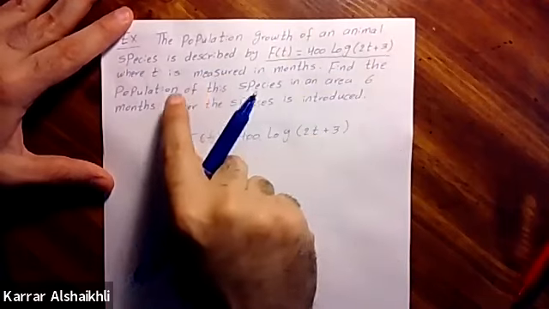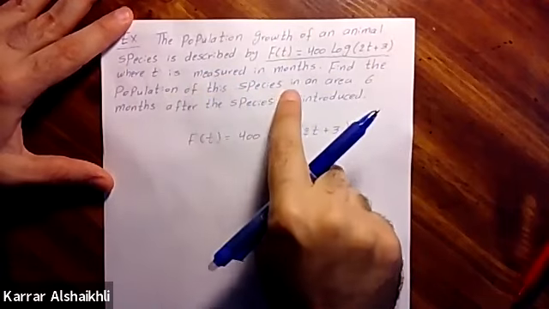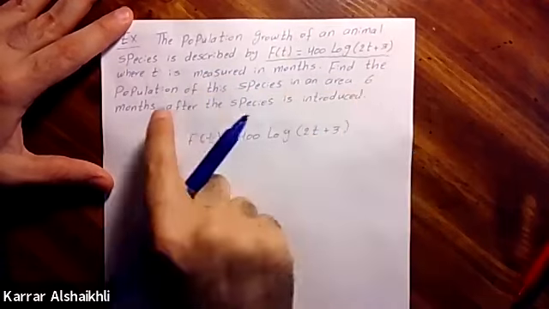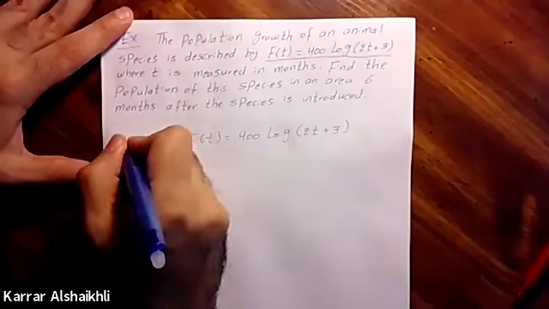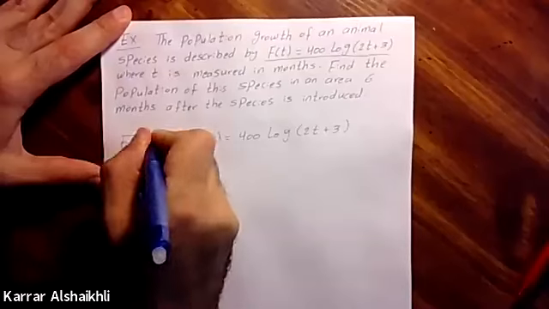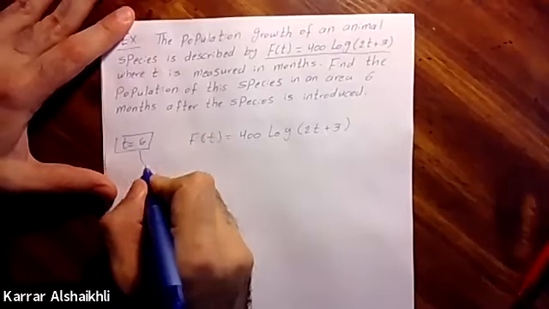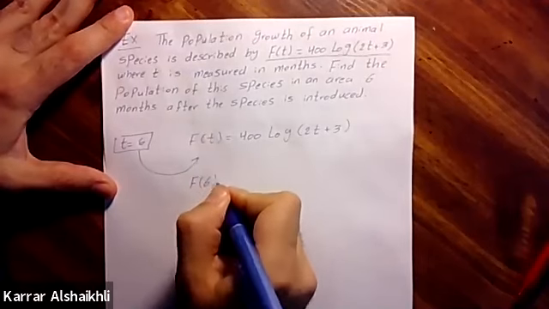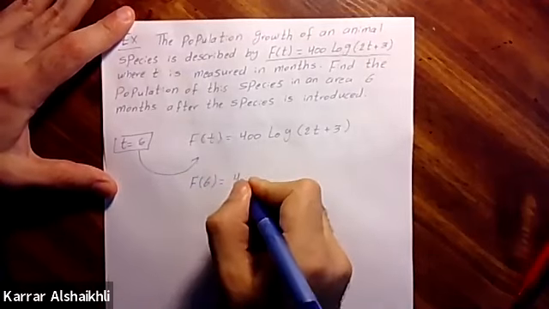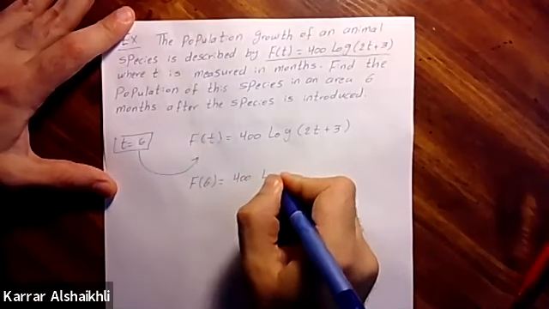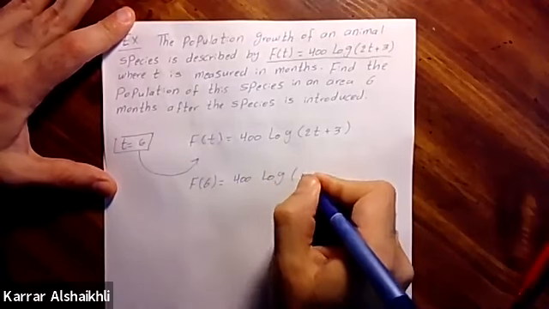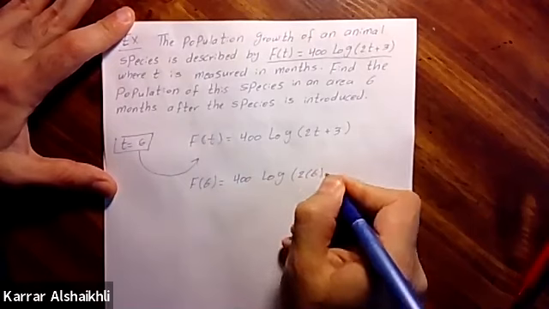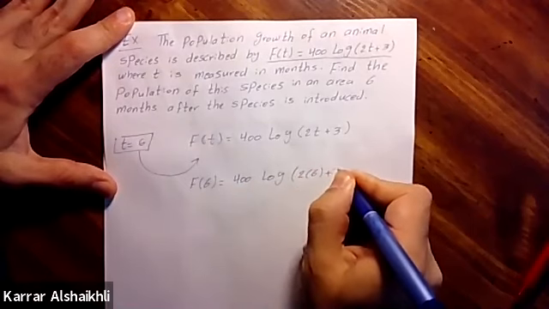So now we need to find the population of the species in the area at 6 months. That means t equals 6. So I'm going to plug in 6 here. F of 6 is going to equal 400 log of 2 times 6 plus 3.